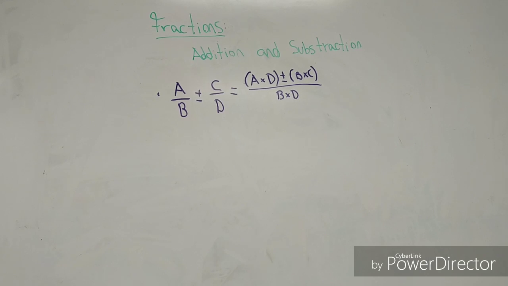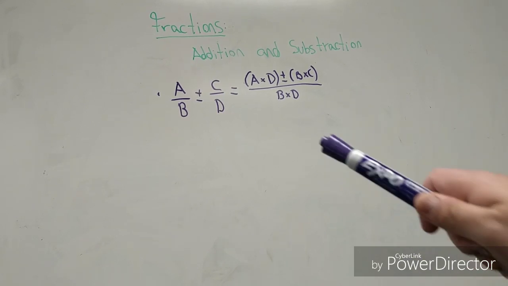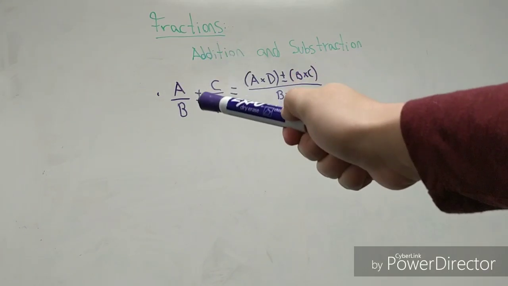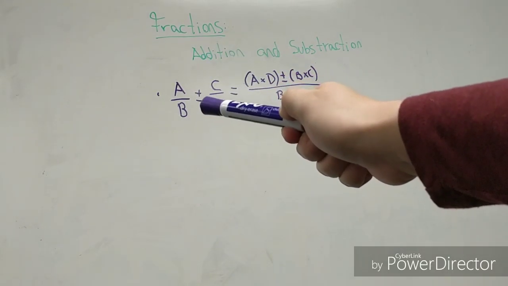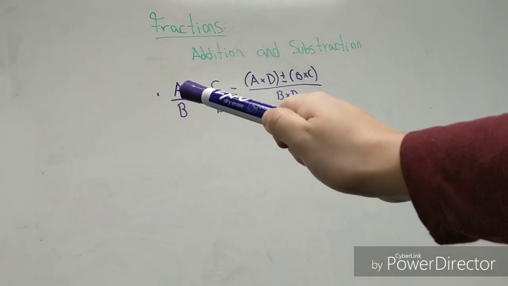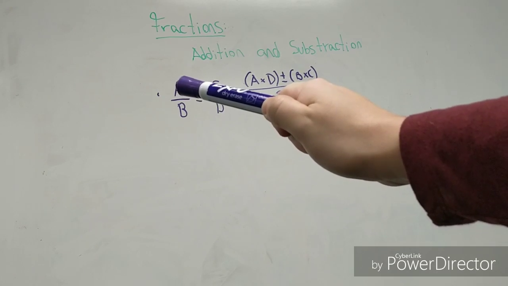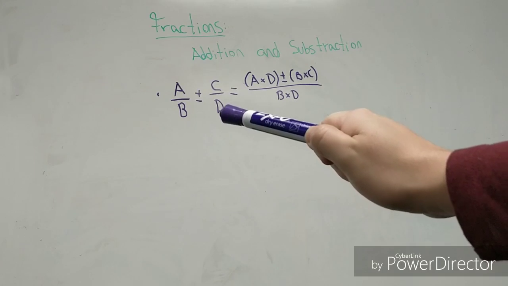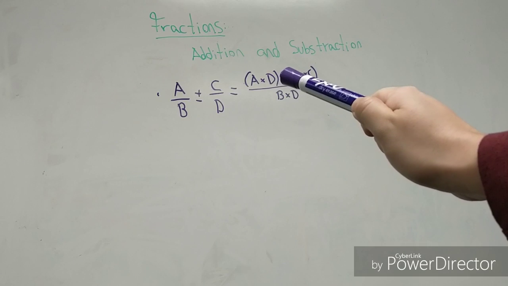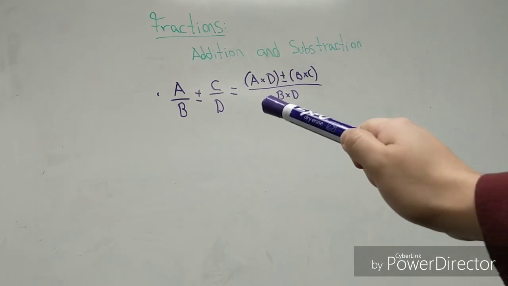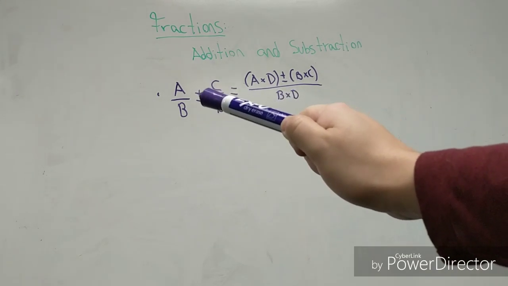Just to start, this is the first formula we're going to learn today. If we have two fractions with different denominators and we want to add or subtract them, then what we do is first multiply the top of the first times the bottom of the second, and then we add or subtract depending on what we want to do.